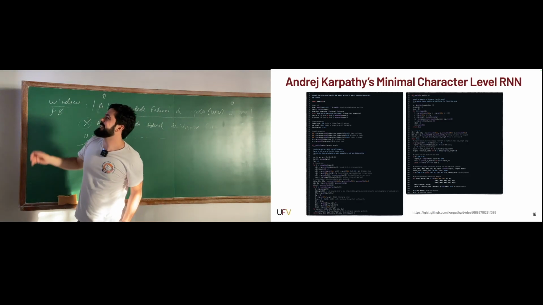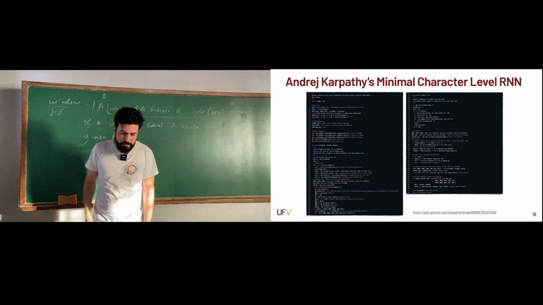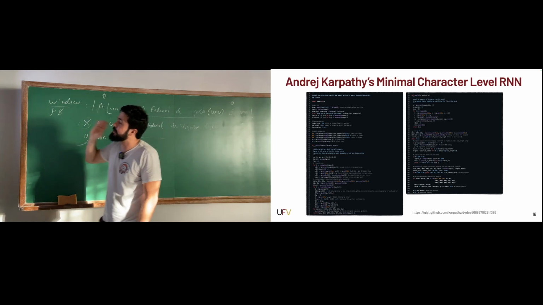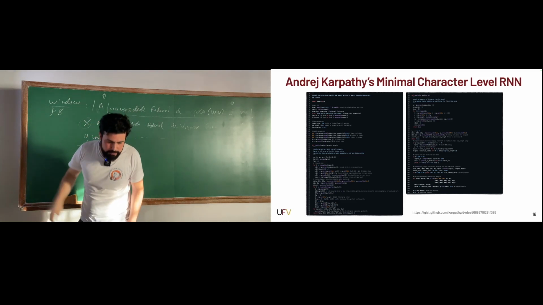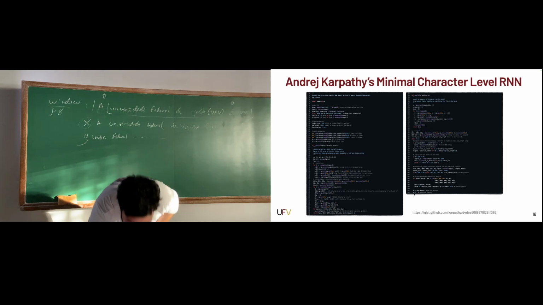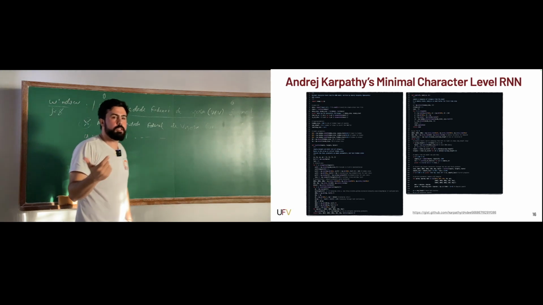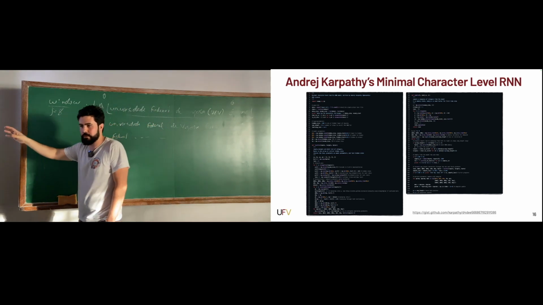So this is a very famous implementation of a minimal RNN by Andrej Karpathy. We have been talking about him in this course a lot. This is a very popular implementation of an RNN because, you can't see it, but it has only 112 lines of code. And he's doing everything in NumPy here, literally from scratch, no PyTorch, okay?